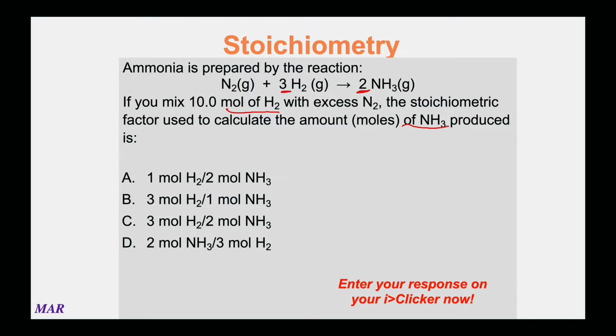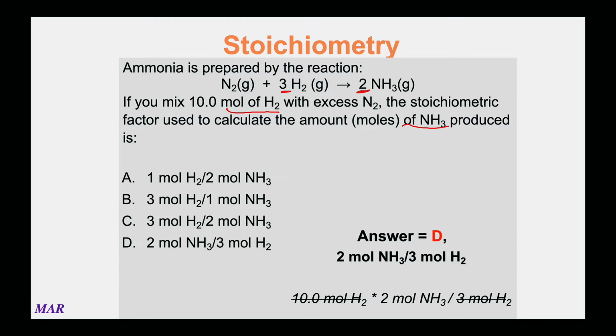Hydrogen has a 3 in front of it, so 3 moles H2 on the bottom. 2 over 3, it's going to be answer D. Now remember, a balanced reaction always shows the correct mole ratio. So it's always going to have a 2 by the moles of NH3 and a 3 by the moles of H2.